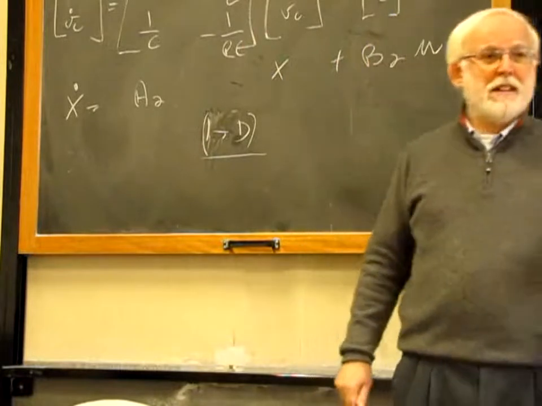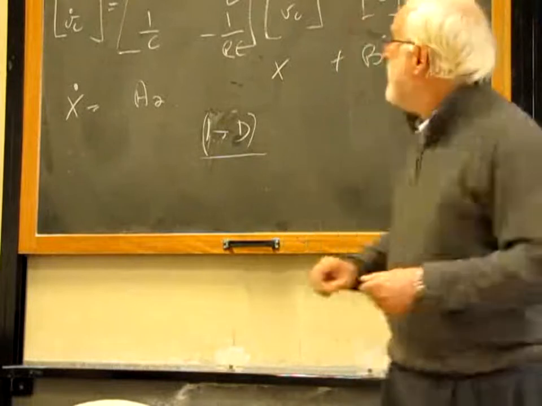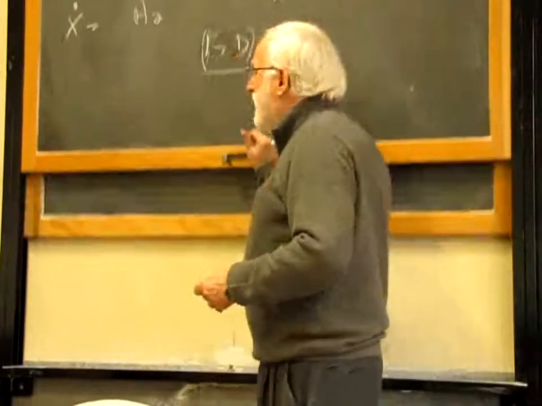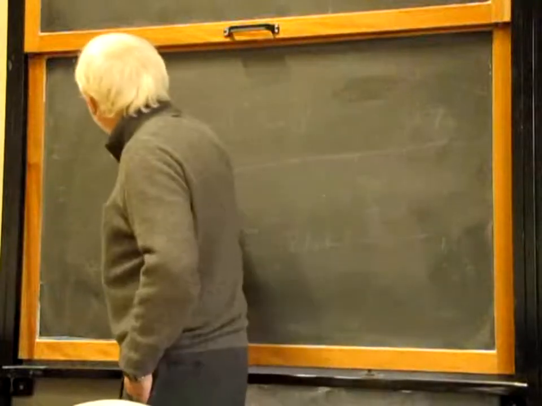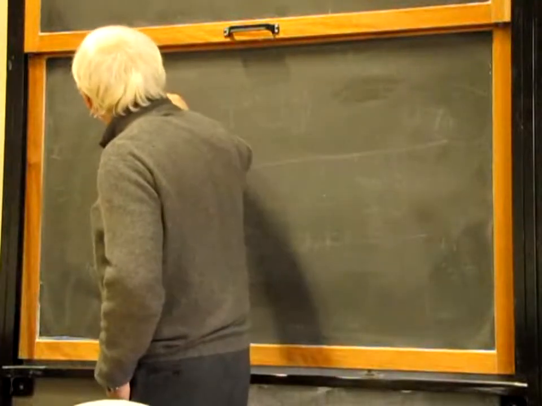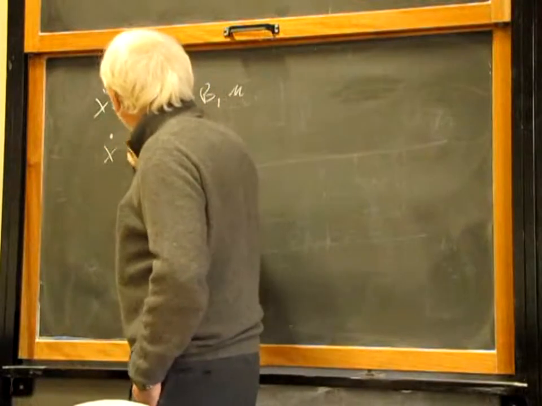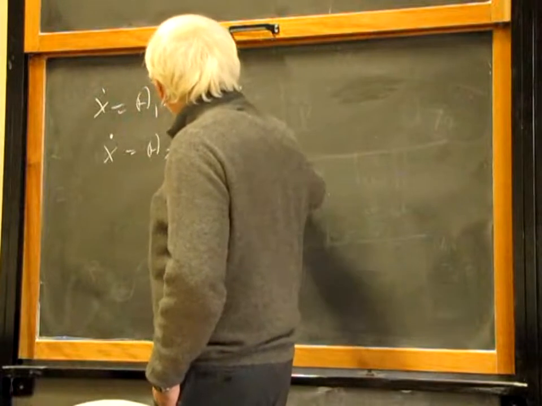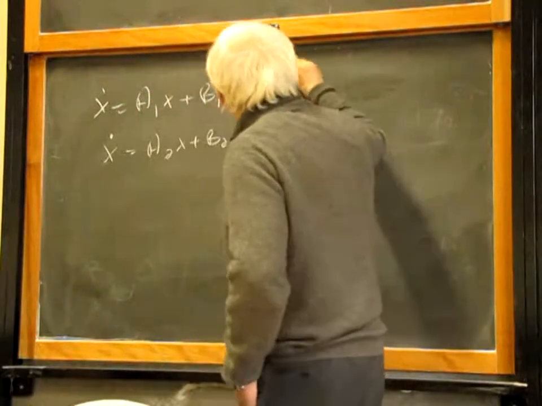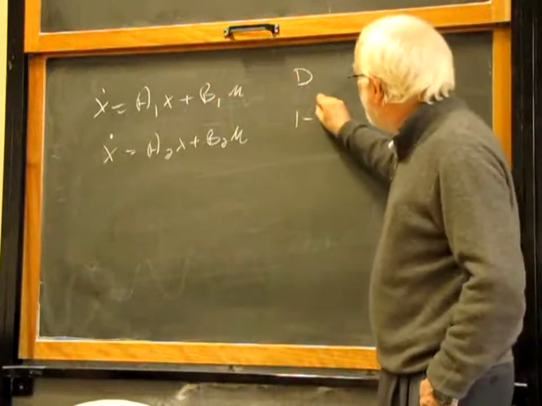You have to admit that it's a very strange idea, because my system is bouncing forth and back between two equations that are x dot equals A1 x plus B1 u, or x dot equals A2 x plus B2 u. This lasts for a fraction of time, not a period of time. Fraction of time D, this is 1 minus D.